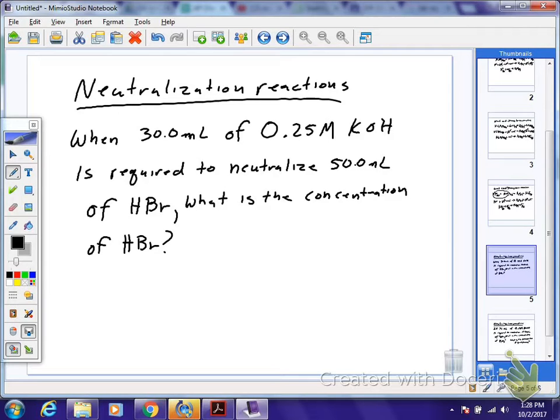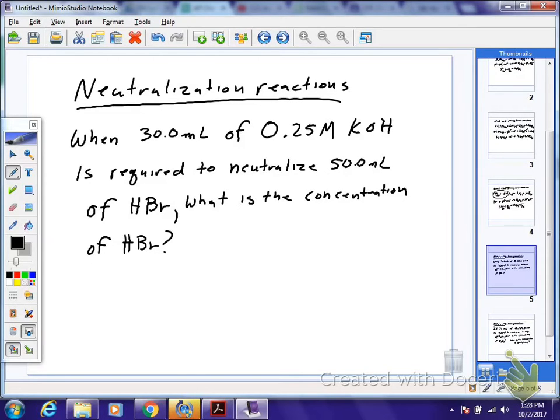So, we know that we take an acid and base, they'll neutralize one another. And on this one, I'm going to leave it in the form of a formula equation. I'm not going to go down to the net ionic. I'm going to leave it in the formula equation because that's going to allow me to do my calculation.